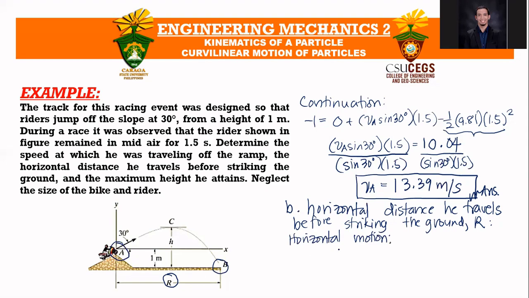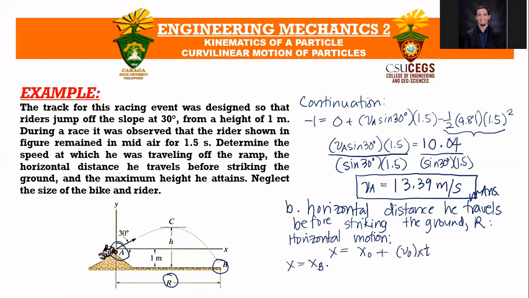So based on the horizontal motion, that was x is equal to xo plus vo times t. So for the given, the x without a subscript, that is the final position, that is the xb.